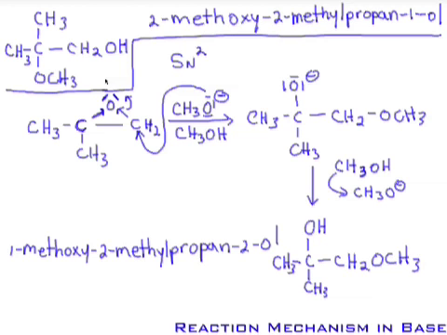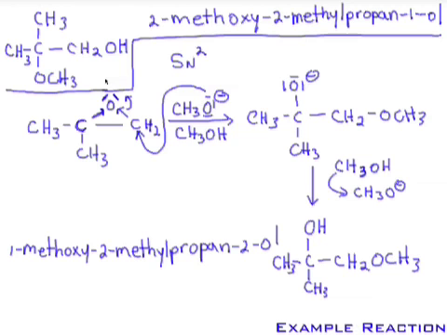But in base, oxygen doesn't have the positive charge. Oxygen is less electronegative. The delta pluses are smaller. The difference in the delta pluses is smaller. And here, steric hindrance takes over, and the alkoxide attacks the less hindered carbon. This results in two different products. So we can control which carbon you attack by just changing the conditions, either basic or acidic.